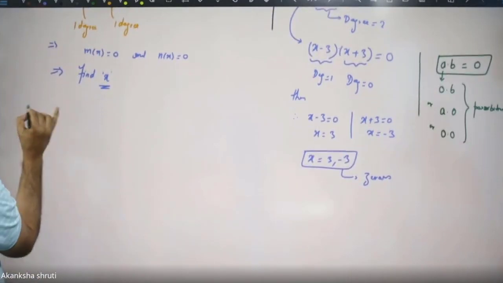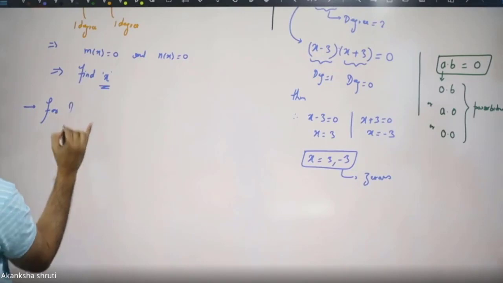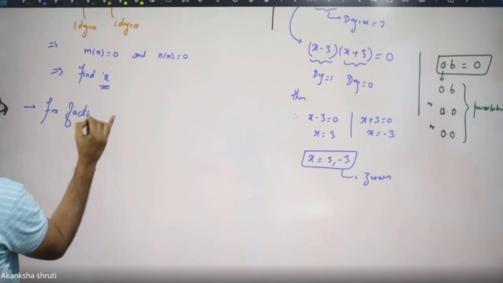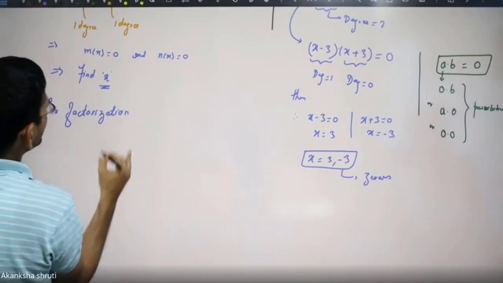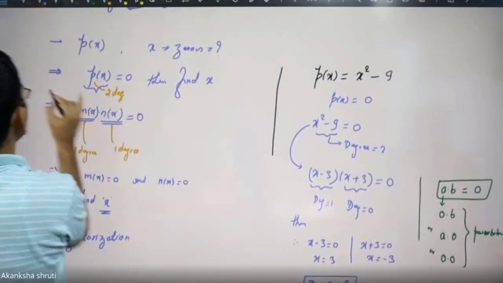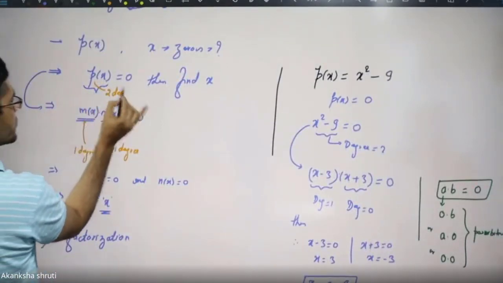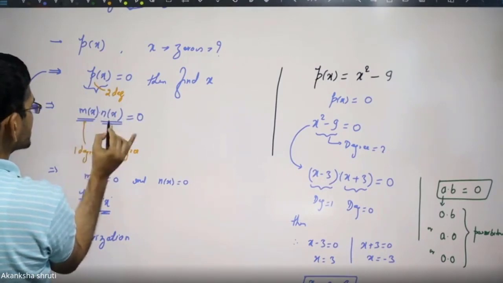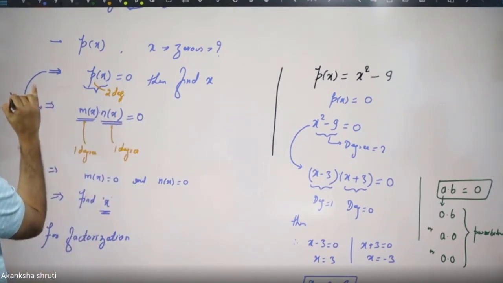So, for factorization, what is factorization, student? Here, conversion of this into this form means one 2-degree polynomial as the product of two 1-degree polynomials. This is your factorization.